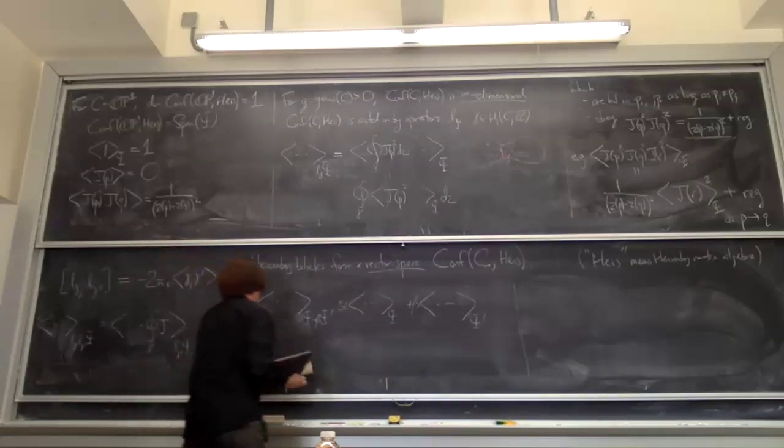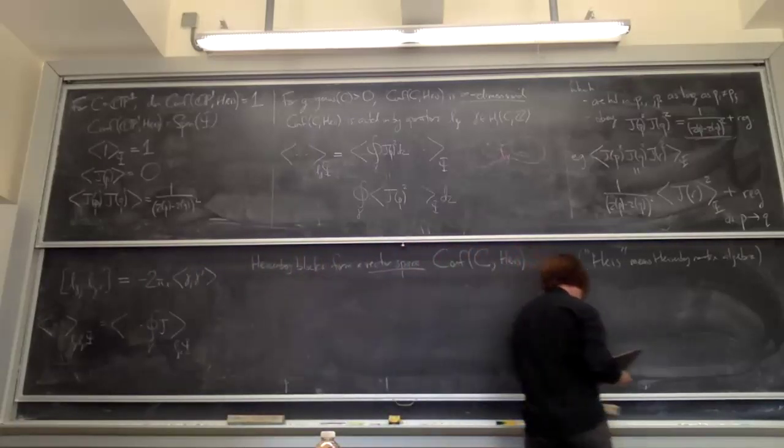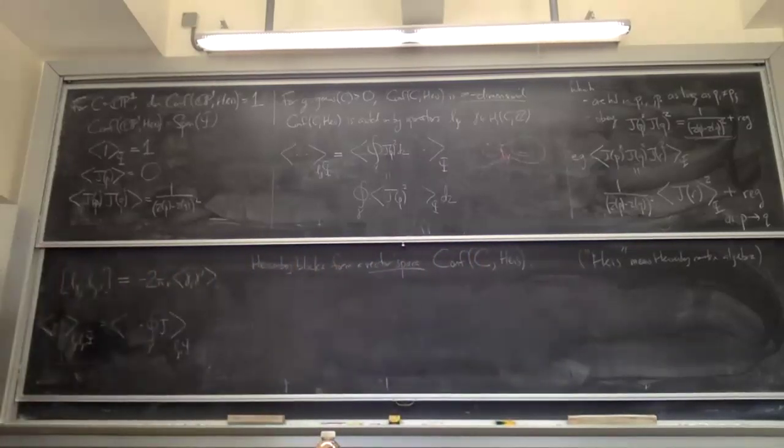Okay, so we have this non-commutative algebra, and now we want to think about this space of Heisenberg blocks as a representation of that algebra. Because it's non-commutative, we don't hope to diagonalize all of them, but we could hope to diagonalize half of them.